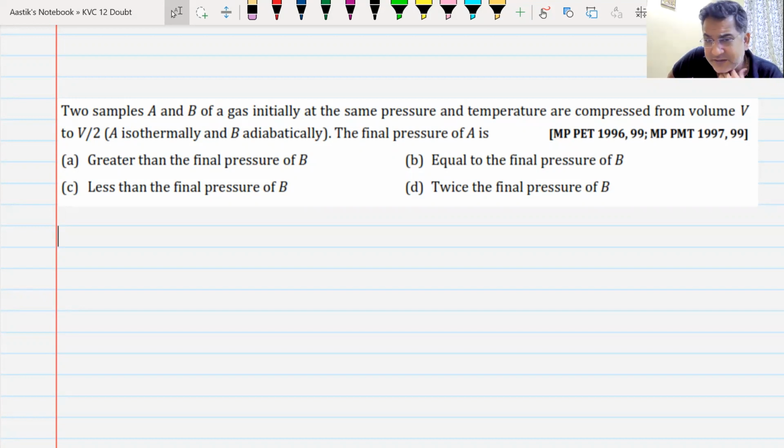Sometimes they give you a graph and sometimes they don't give you a graph and then ask you this. These are the questions that sometimes confuse us.